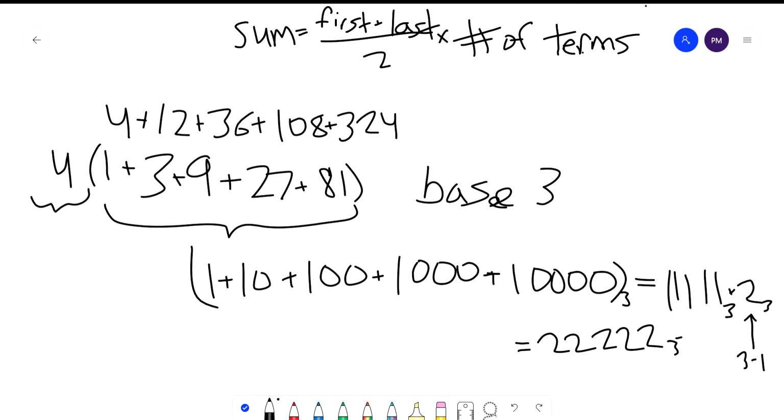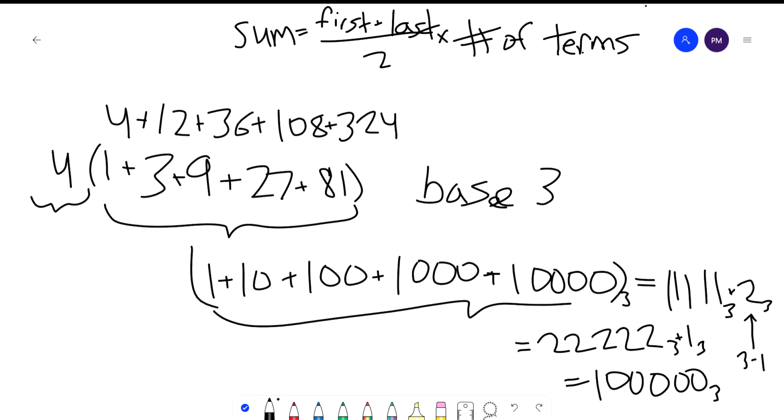Notice if we add a 1 in base 3, this just becomes 100000 in base 3. So this sum equals 100000 in base 3 minus 1 in base 3, divided by 2 in base 3.